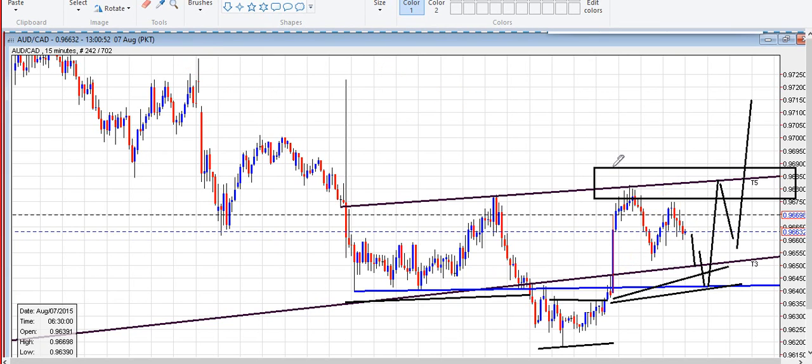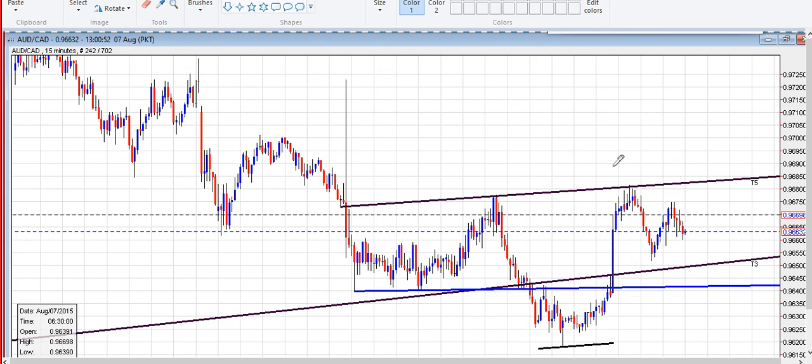Now that it looks choppy, if I can take it back and redo it again so it's simple to understand, and maybe change the color so it looks more understandable, something like this. Your head, your left, your right, and an expected move should be something like that.